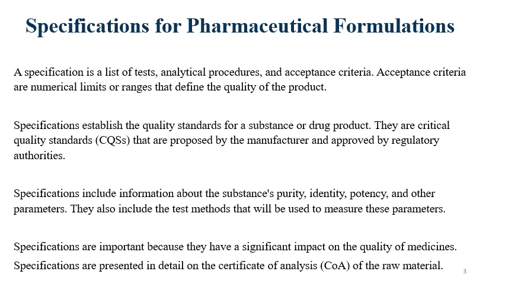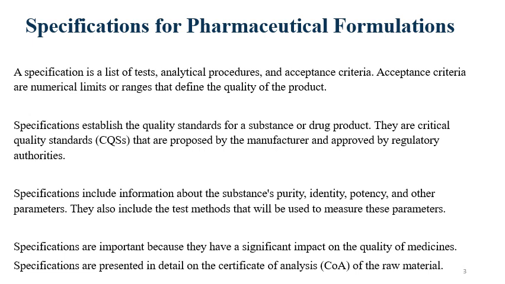Specifications include information about the substance purity, identity, potency, and other parameters. They also include the test methods that will be used to measure these parameters. Specifications are important because they have a significant impact on the quality of the medicines.